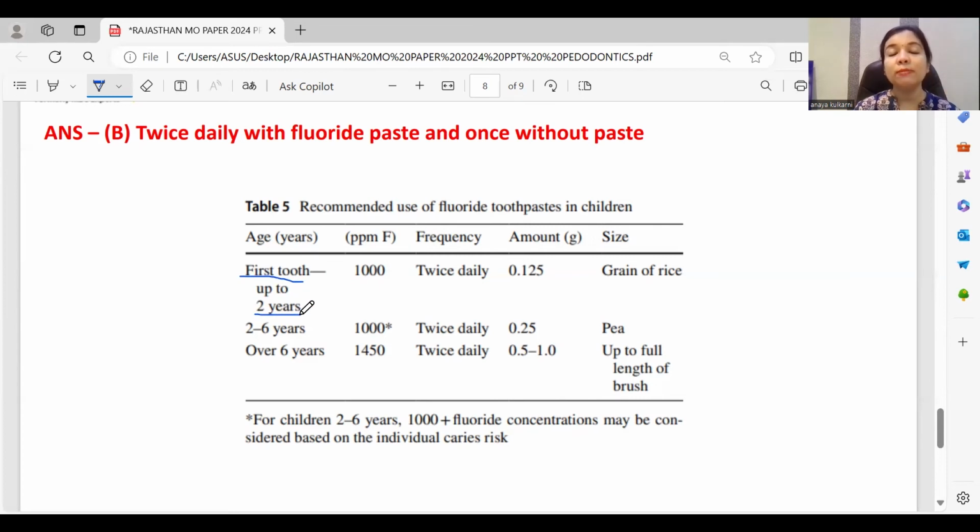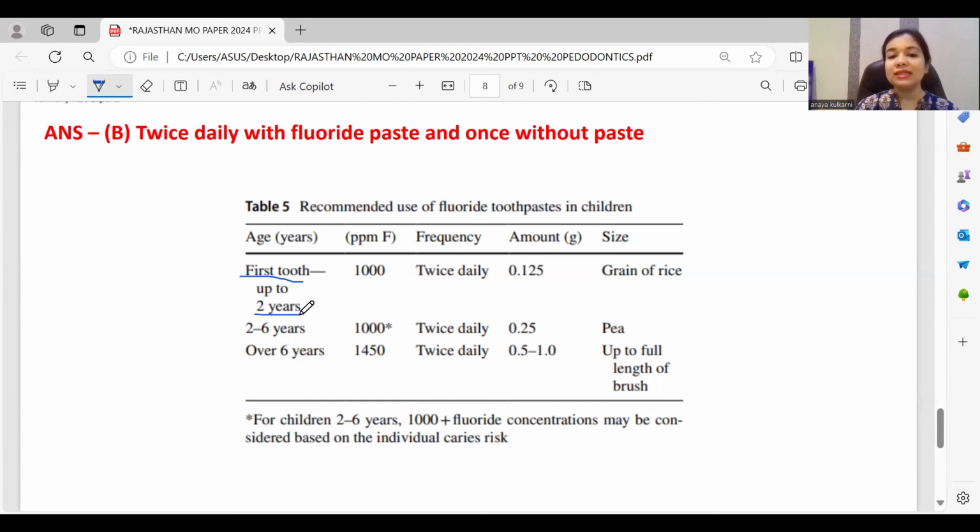He can use 1,000 ppm fluoride toothpaste, but the amount of toothpaste put on the brush should be as small as a grain of rice, or what they also call a small smear layer. So a very thin, smear-like layer can be used, but twice daily, from the day the first tooth erupts up till 2 years of age.